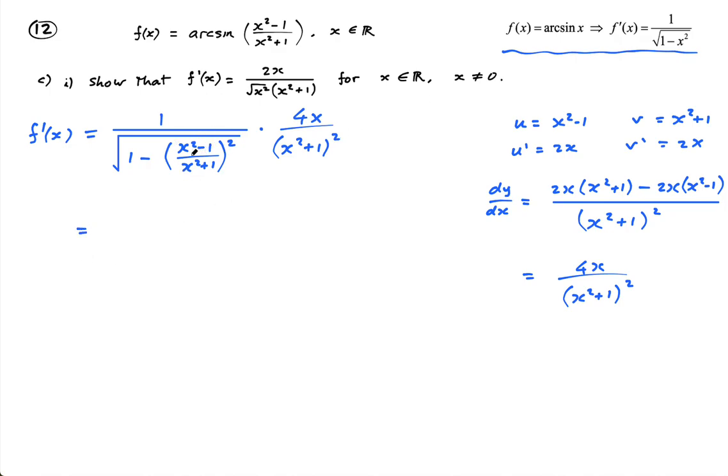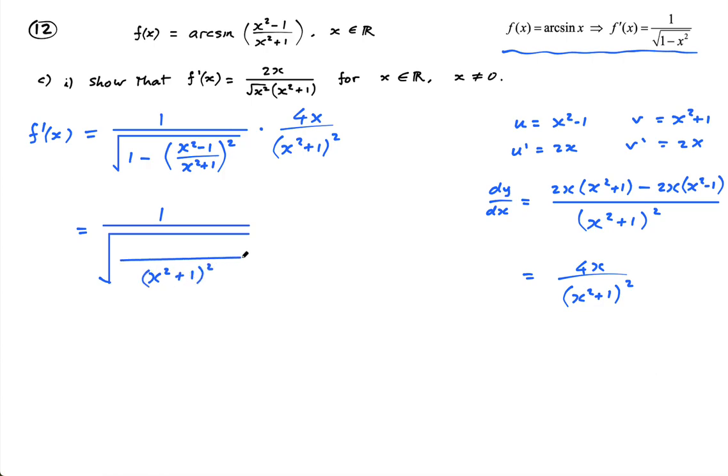Okay, so here I have this annoying algebraic fraction. Let's try and sort that out. So I have this, okay, I need a big root. Now I want a common denominator, which is going to be x squared plus 1 squared.